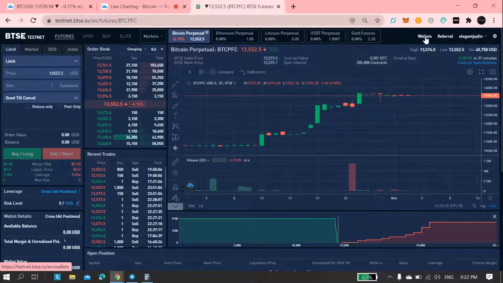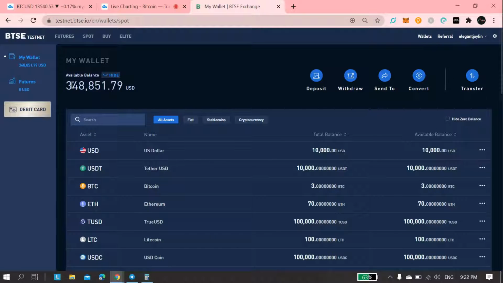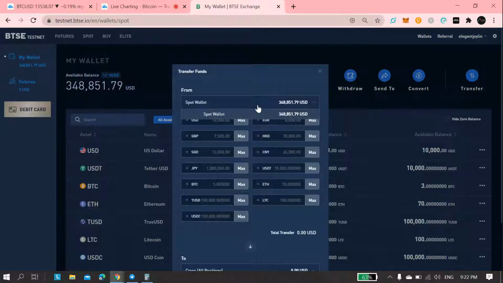Anyway, I will need to transfer funds. So this is the initial funds for testnet users. So I will just transfer funds to cross wallet, I mean from spot.